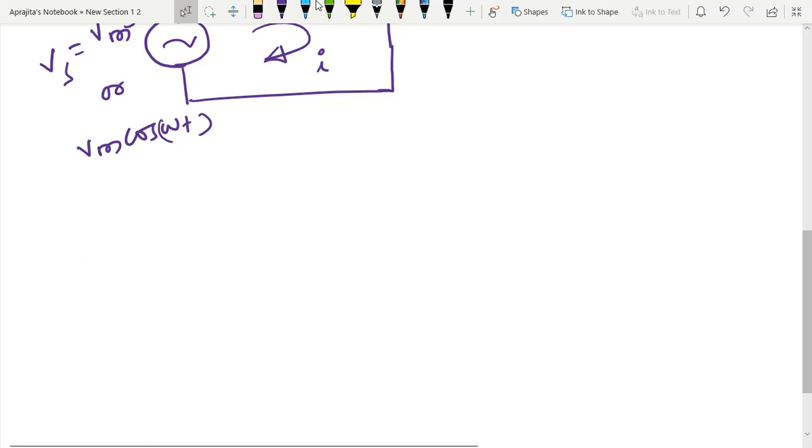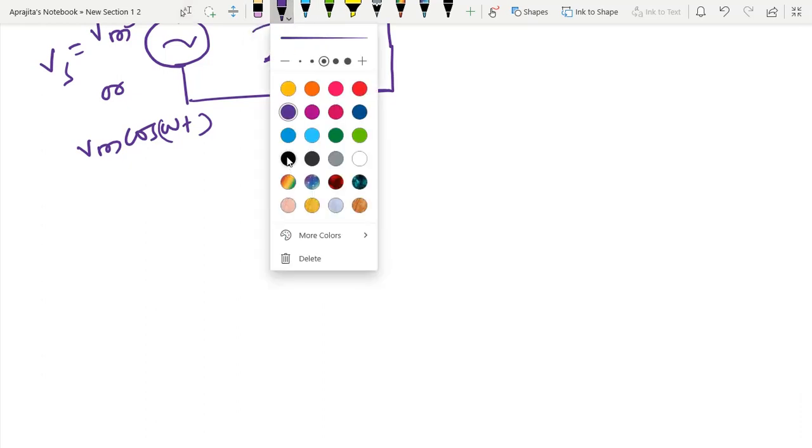So in order to define AC circuit, we are going to take help of the previous definition.